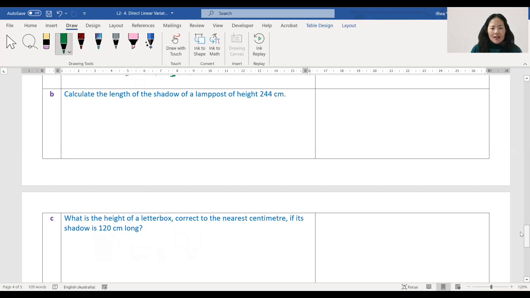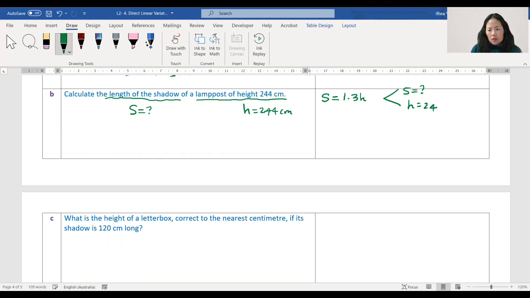Next, calculate the length of the shadow, that's S. We don't know it. The lamppost height is 244 centimeters. So the formula was S equals 1.3h, and we need to find S when h was 244.